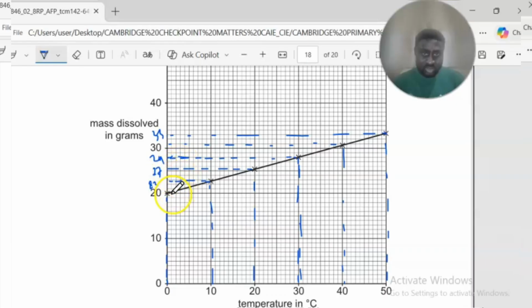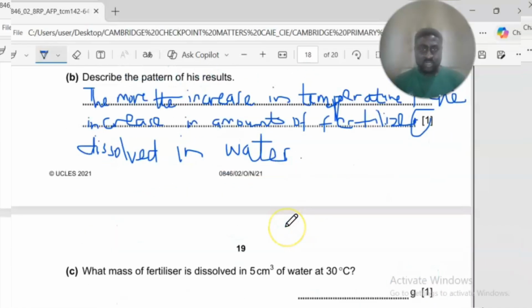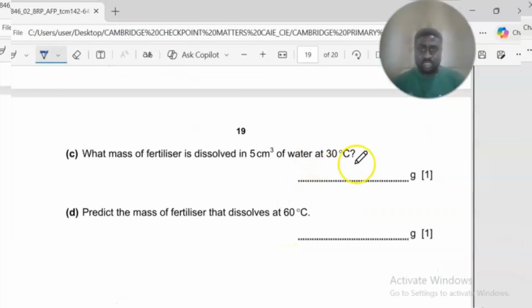That gives us, this is 20, 21, 22, 23, 24, 25, 26, 27, 28. That's 28 grams is the answer. I hope you understand how we got that. So here you write 28 grams.